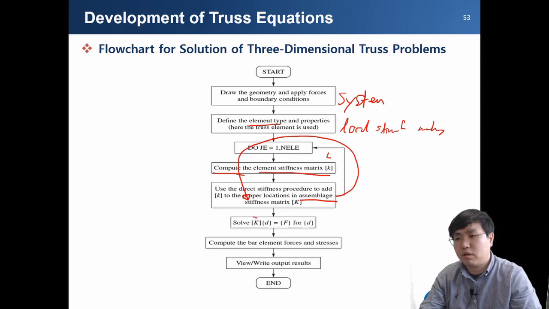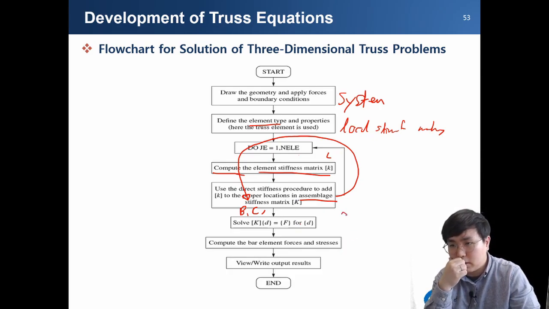After obtaining the global stiffness equation, before solving it you should apply the boundary conditions, and then finally we can obtain the solution, the displacements.